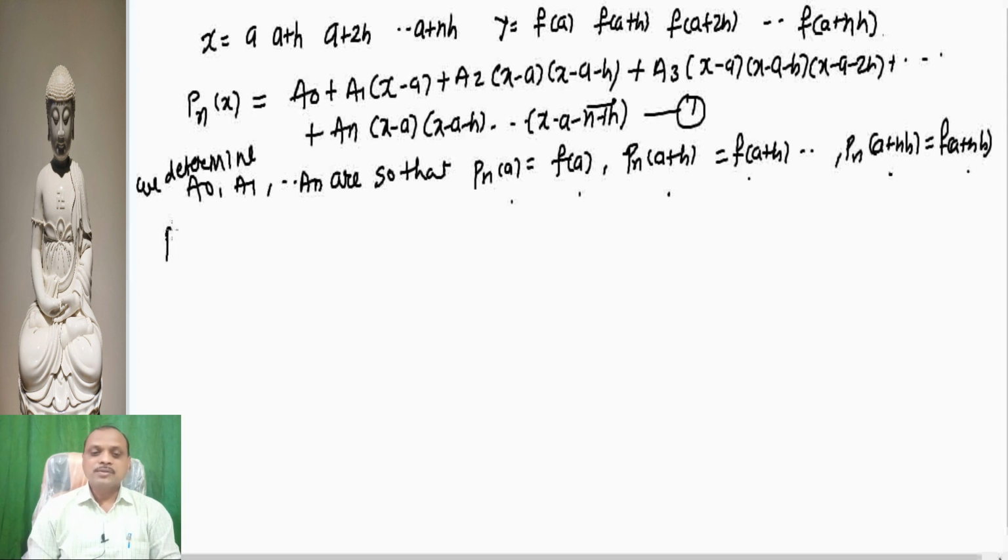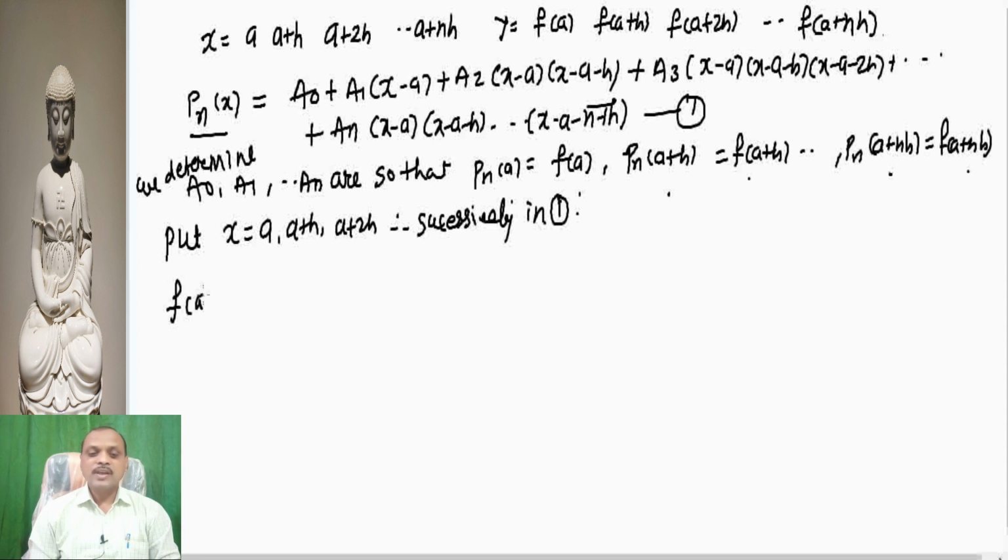Now what we do here, we put x equal to a, a plus h, a plus 2h successively in equation number 1. So let us put first x equal to a. Whenever we put x equal to a, we get Pn of a, which equals f of a, equal to a0 plus.